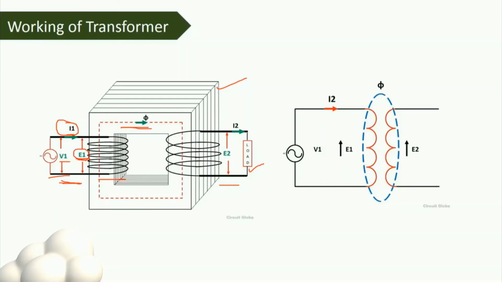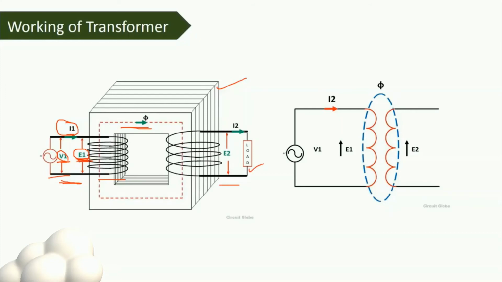Remember, the direction of current in both coils remains the same. That is why we said it will be of the same frequency. The direction of current remains the same, but the amount of current depends upon the number of turns.